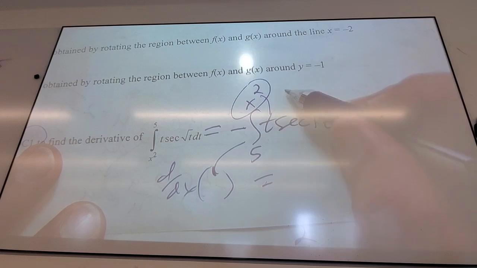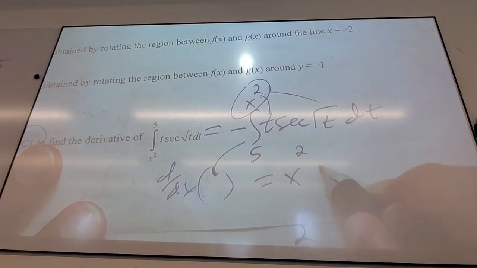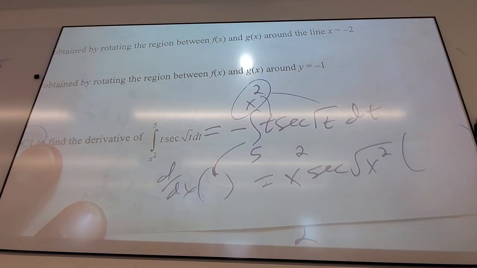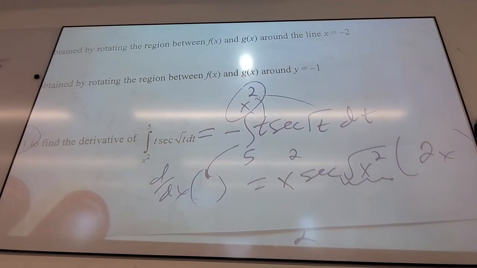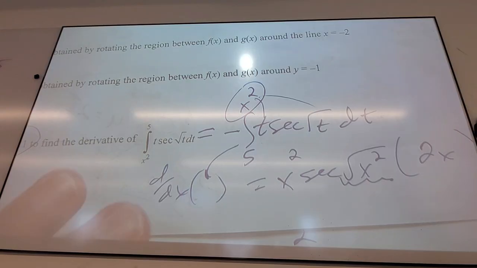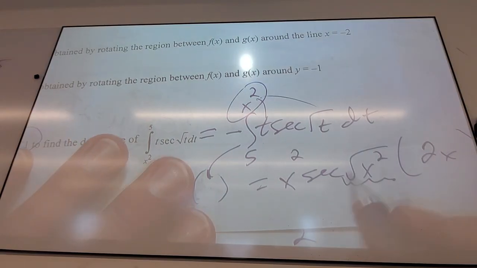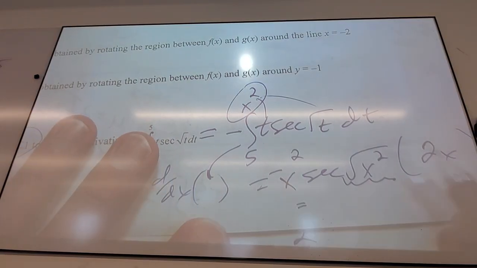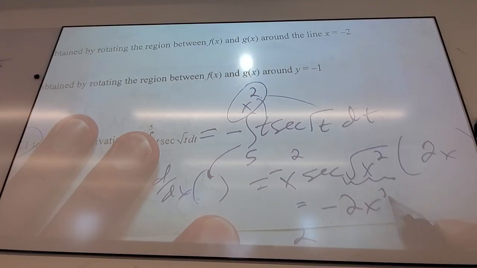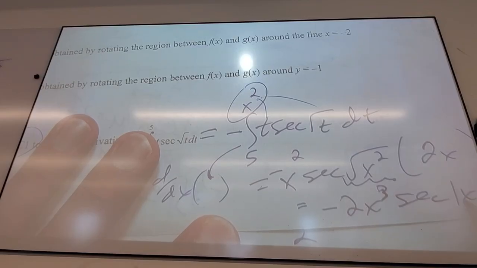You input the x squared, but then the chain rule comes into play. It could be absolute value of x, but I would just leave it like that. We have to bring the negative over, so it'd be negative 2x cubed, secant of the absolute value of x.